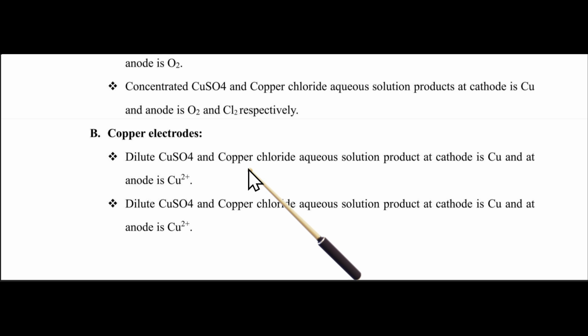Now, if you are using copper electrodes, what will be the product at the anode? Even if you are using a dilute or a concentrated solution, you will never get chlorine or oxygen. You will always get copper ions. Why?